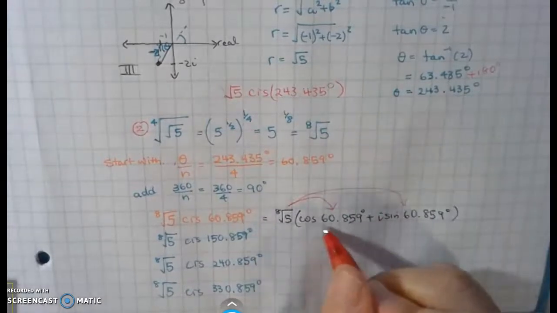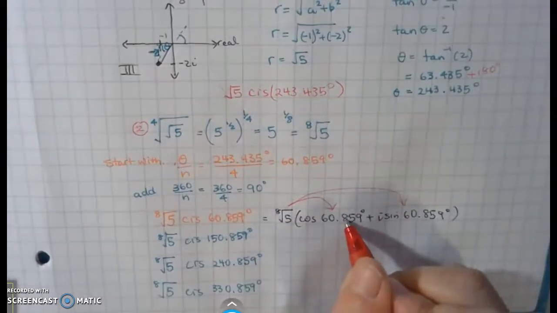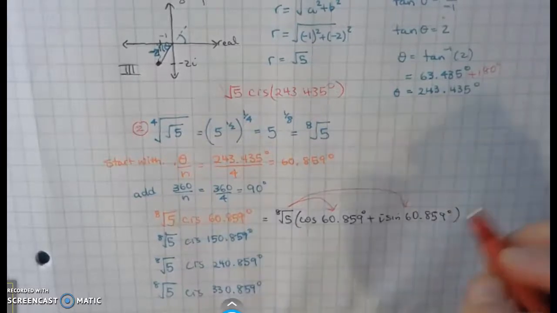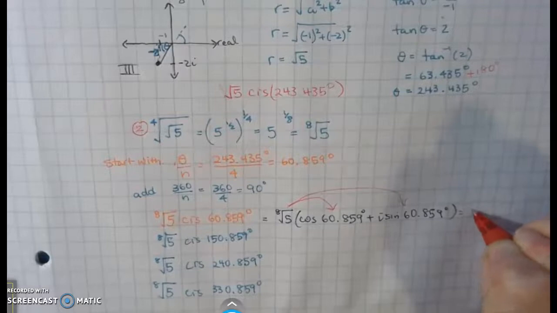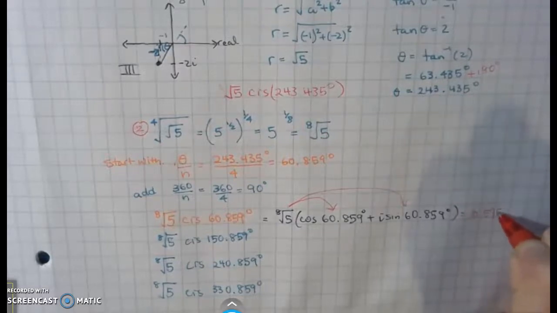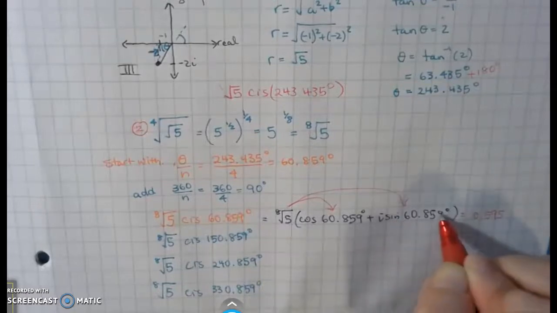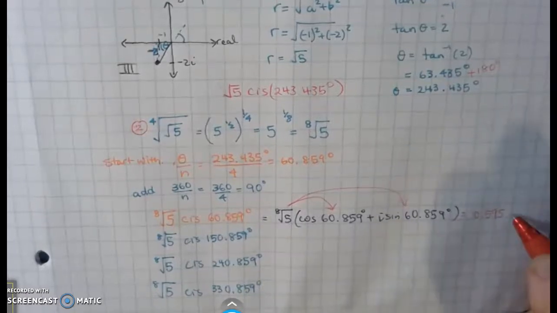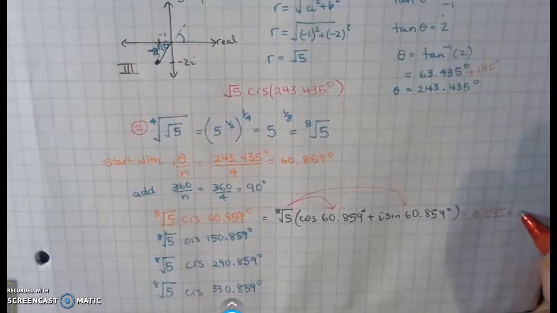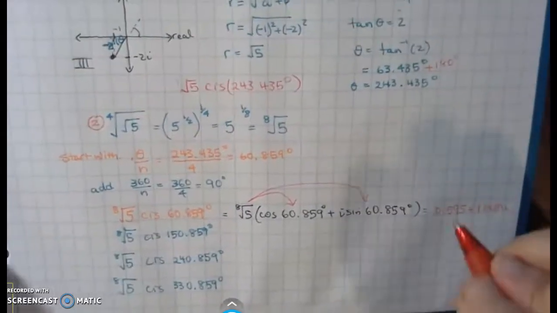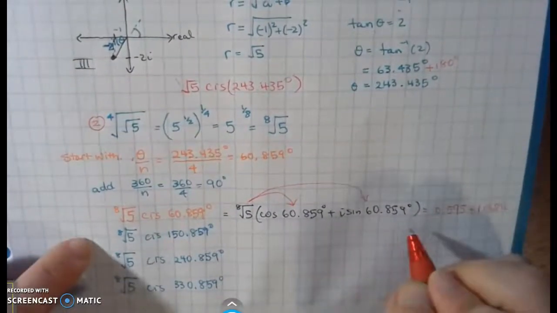You are doing cosine of this angle and then multiplying that by the 8th root of 5. And when I do that, I actually get 0.595. And when I multiply this number by the sine of this angle, I get plus 1.0681 i. So that's going to be my rectangular form of the first solution.